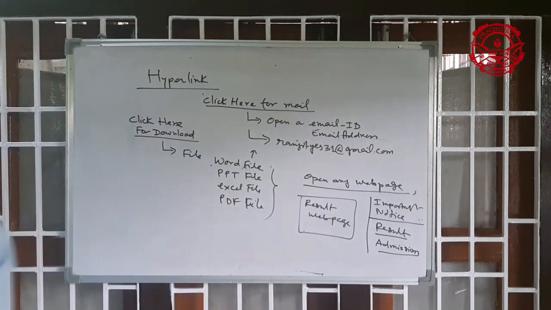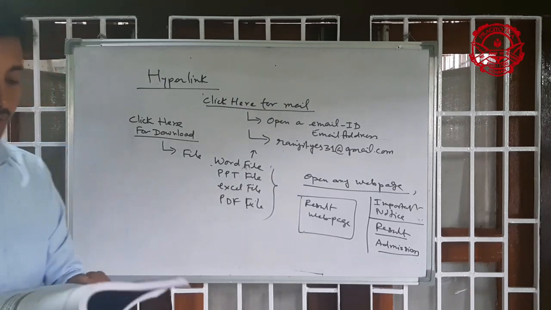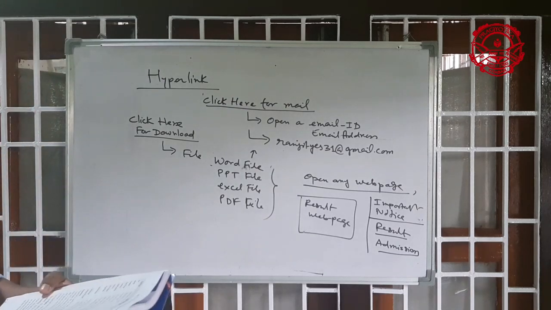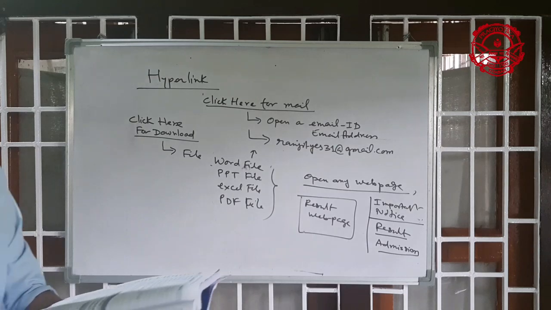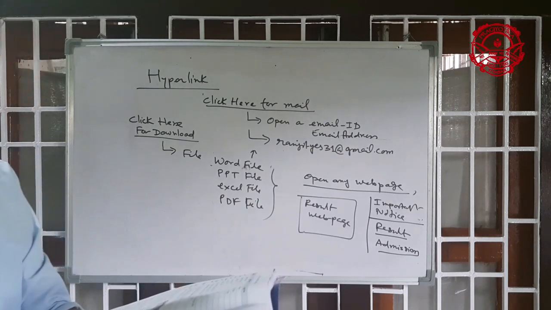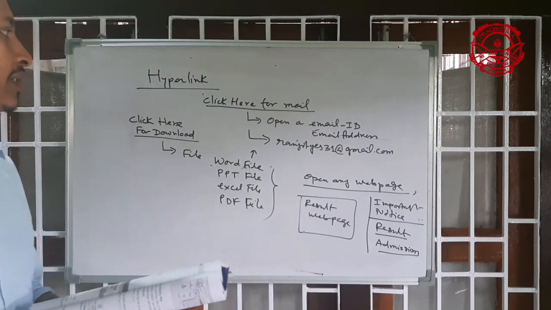Now you can have any combination of three in the same table. There are three combinations of the hyperlink. The text in a hyperlink field is underlined and appears in blue color.